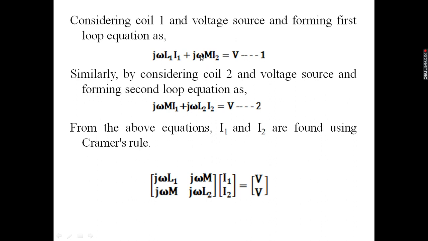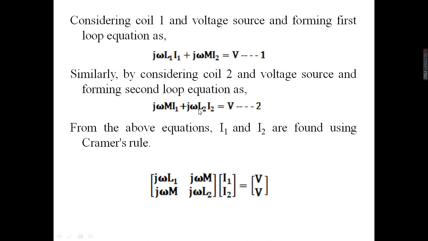In both cases positive is assumed for the mutual voltage, since the currents enter the dotted ends in both the coils.